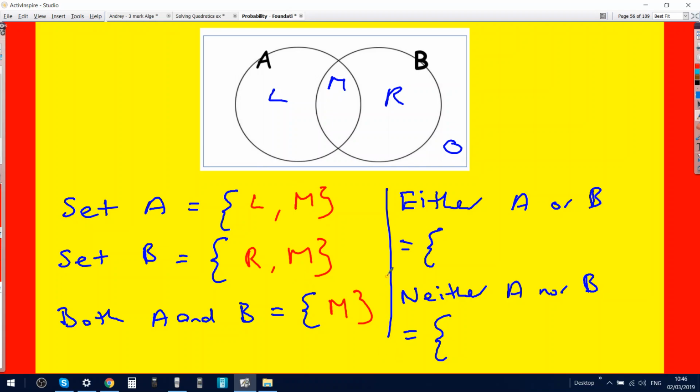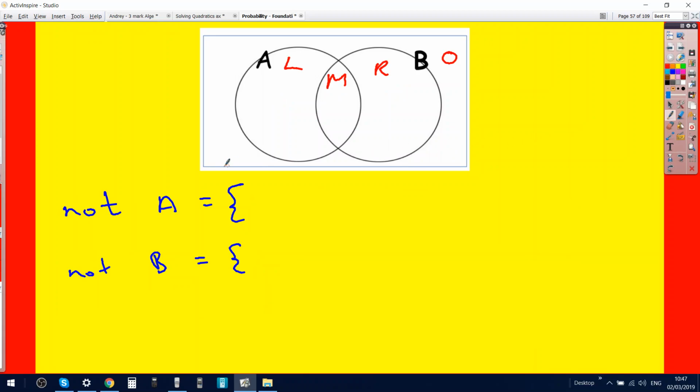Either A or B. Is it M dash? What regions are in either A or B? L, M, R. The people in the middle, are they in either A or B? Yes. Neither A nor B? O. Not A?